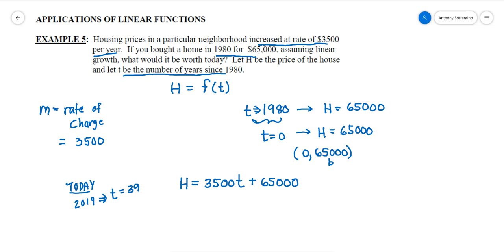So for me to figure out the price of the house today, I want to figure out what H of 39 is, which is going to be 3,500 times 39 plus 65,000.